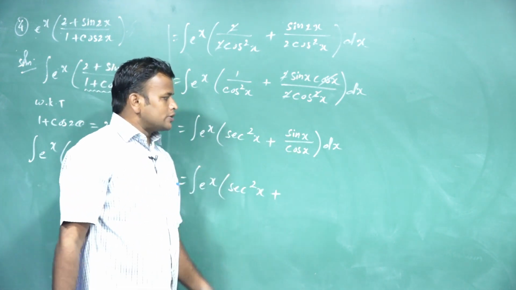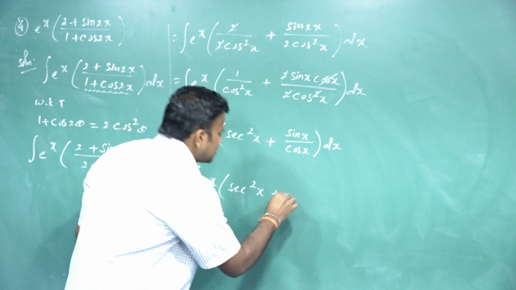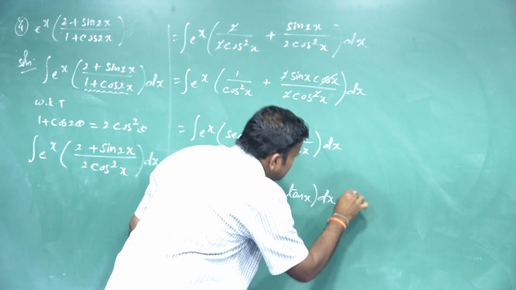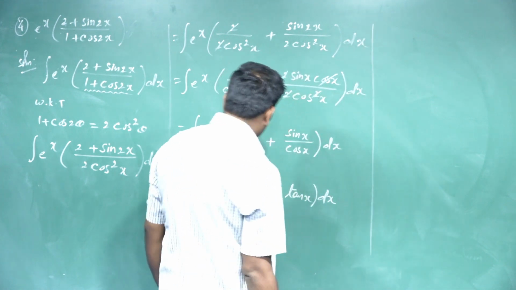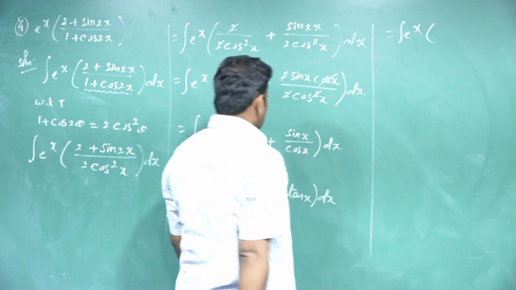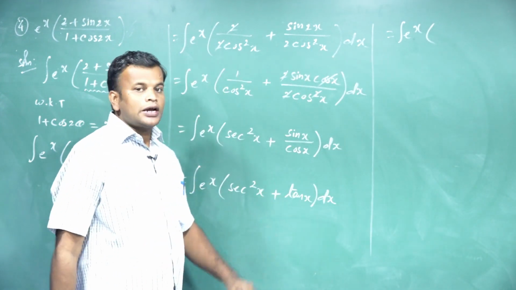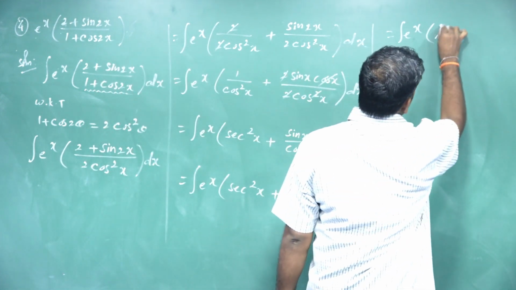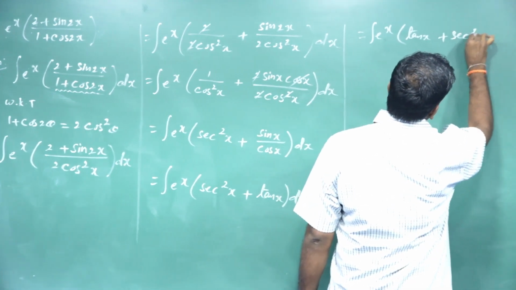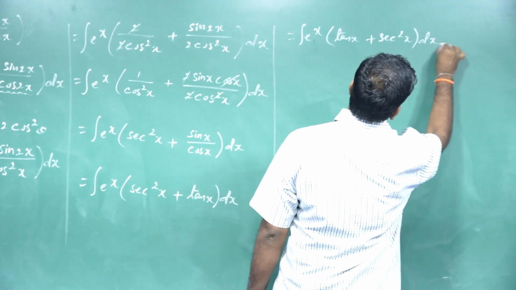We know sin by cos is tan, into dx. For your understanding, I change the terms, secant square x plus tan x, as tan x plus secant square x into dx.